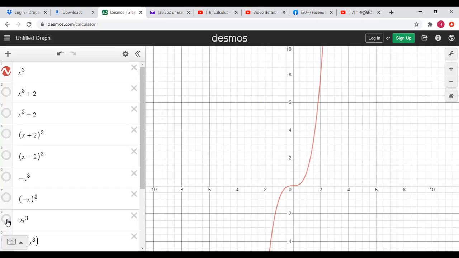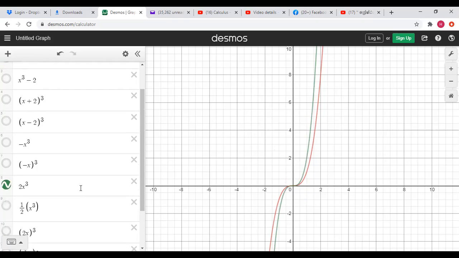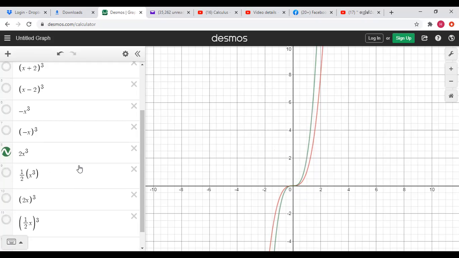Now, if you multiply the function by a constant whole number, 2x cube, it gives us this. This is called vertical stretch. Now, if you multiply the function by a fraction, say 1/2, it's a vertical shrink, this blue line.